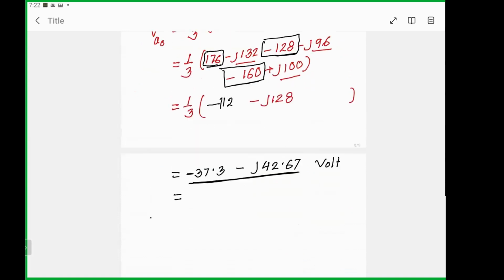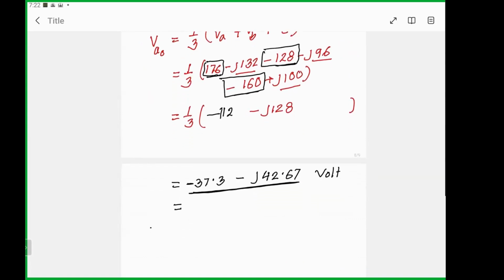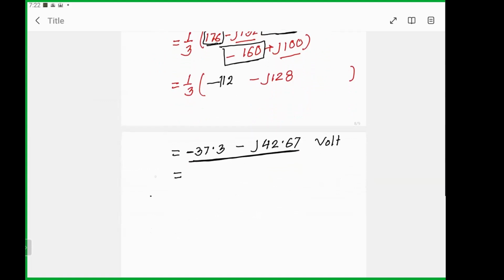So if we know VA0, then you don't need the phasor, because all of them, VA0, VB0 and VC0 will be the same. I can just write down that VB0 will be the same value as this one, because they have no phasor angle difference, as we have learned in the last class.